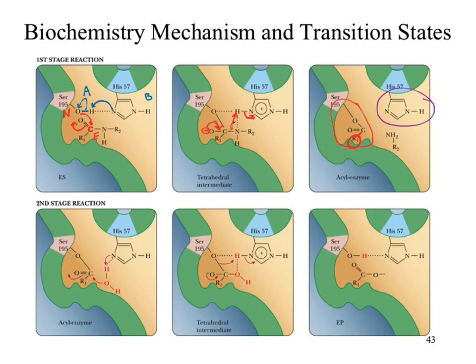Is it phenylalanine? That's the other half of the peptide that we were trying to cut. Do we have serine anymore? No. It is covalently bonded to the peptide we were trying to break. Have we returned to our original enzyme? No. We have to somehow get that piece off.